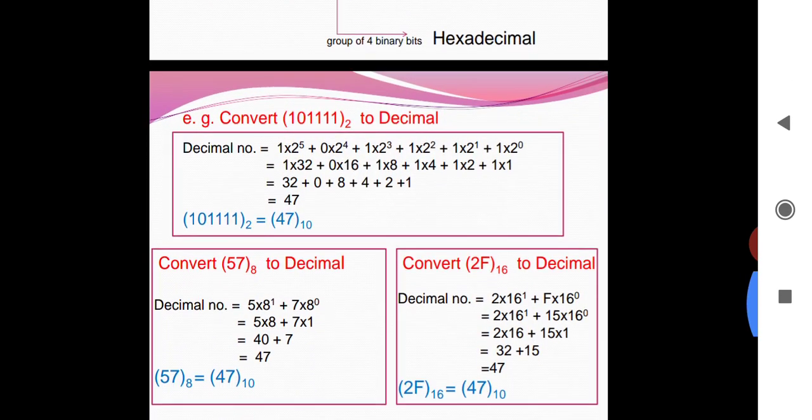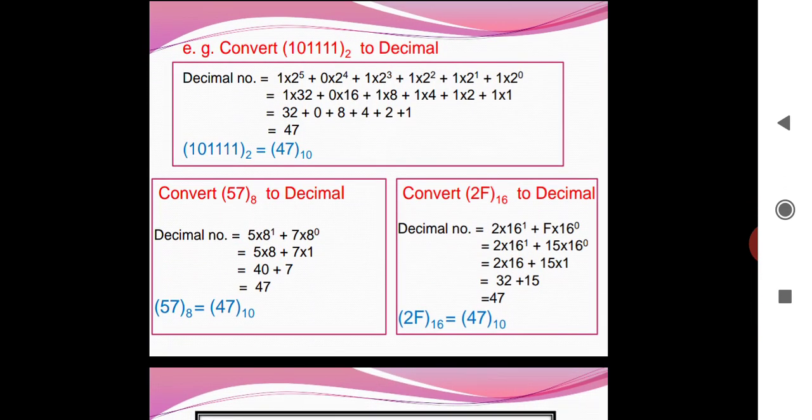So here is one example, how to convert binary, octal and hex into decimal. The number given to you is 101111. This is a binary number and it is a 6-digit number. So for conversion of binary to decimal, we have to multiply by 2's power.